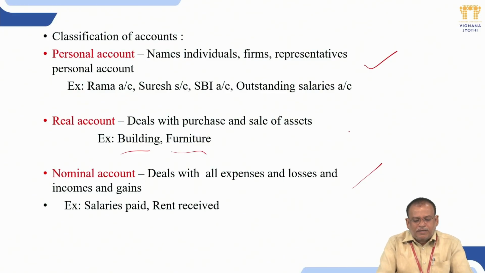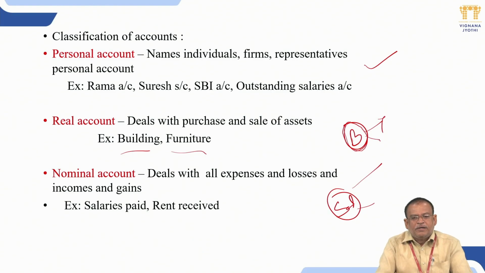Whenever you purchase a building, that is also expenditure, and whenever you pay salary, that is also expenditure. But payment for purchasing a building happens only one time. So all non-repetitive items come under real account. Expenses or incomes which are paid periodically come under nominal account.